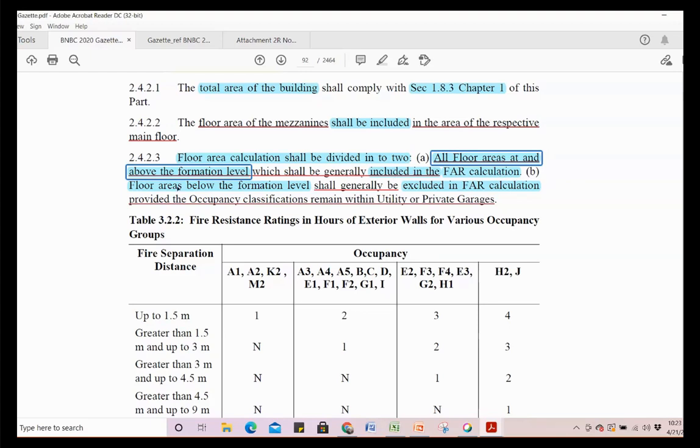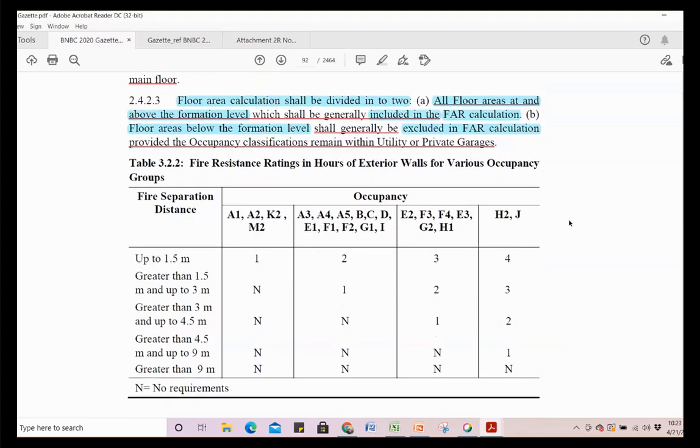B, floor area below the formation level shall be generally excluded in the FAR calculation, provided that the occupancy classification remains within utility or private garages. So this segment is giving us a direction about how the FAR will be calculated.